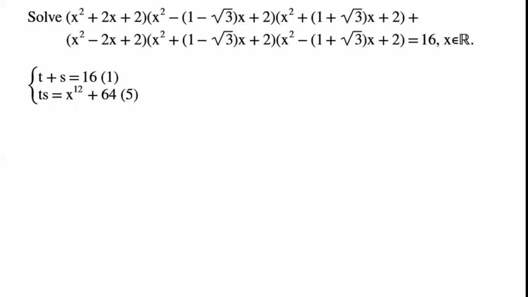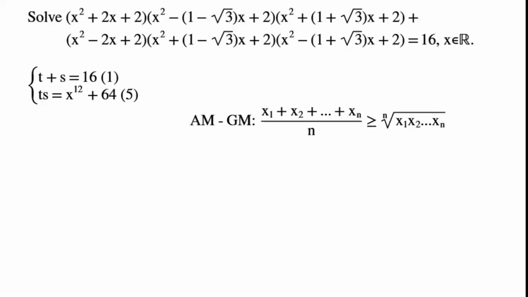Now we have t plus s equals 16. TS equals x to the power of 12 plus 64. AM-GM: the arithmetic mean is greater than or equal to the geometric mean.